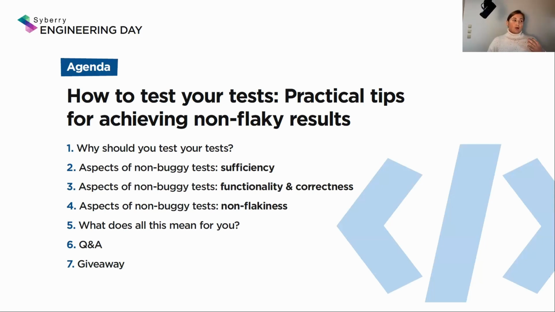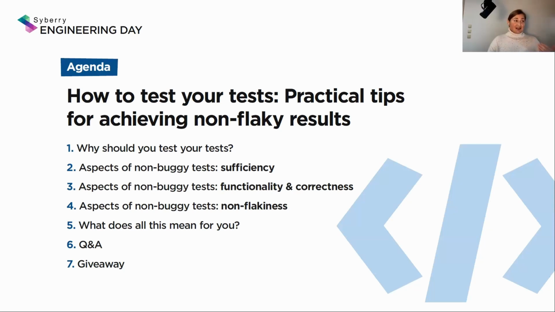Then we'll check different aspects of good, non-buggy, reliable tests, such as sufficiency, functionality, and non-flakiness in detail. Then we'll summarize all of the above, and we'll have a question and answer session, during which you will be able to ask your questions, and I will be really happy to try to answer them.